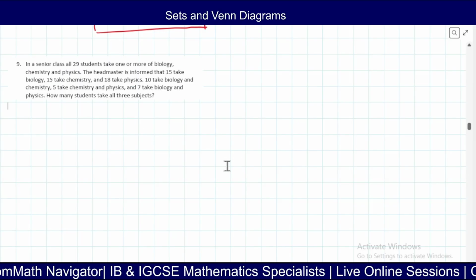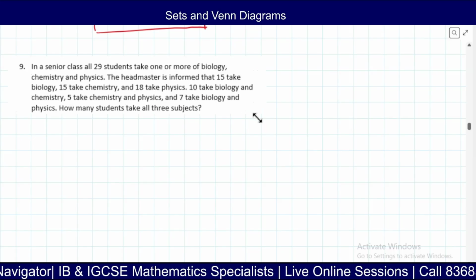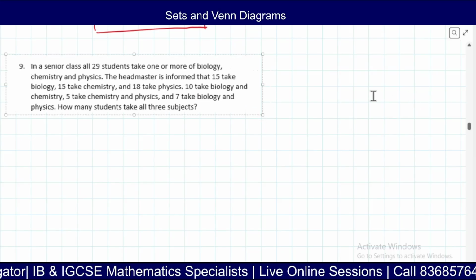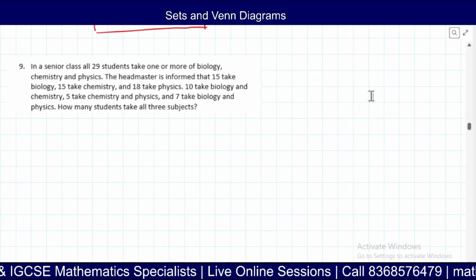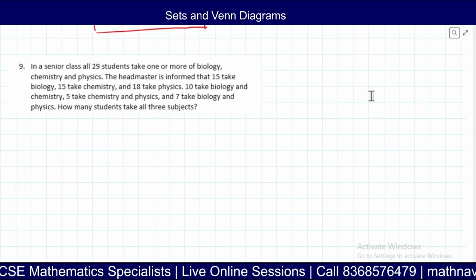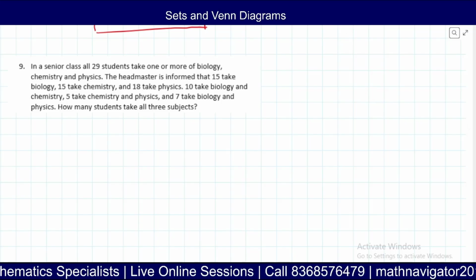Let's paste it here. So in this, what it is saying, let's see. In a senior class, all 29 students take one or more of biology, chemistry, and physics. The headmaster is informed that 15 take biology, 15 take chemistry, and 18 take physics. So there are three subjects. So what you need to do is you need to make the three circles.